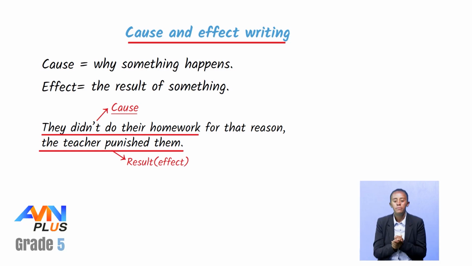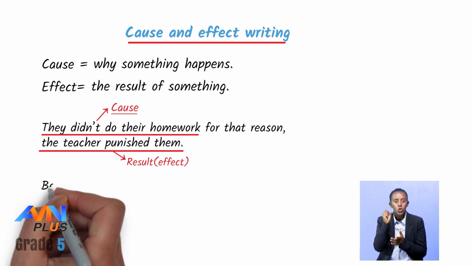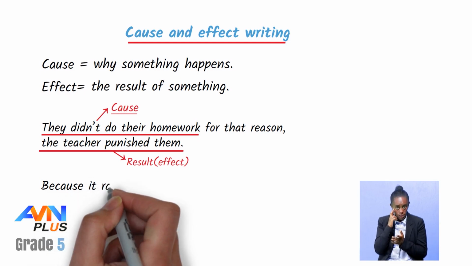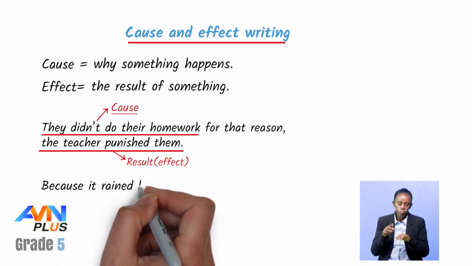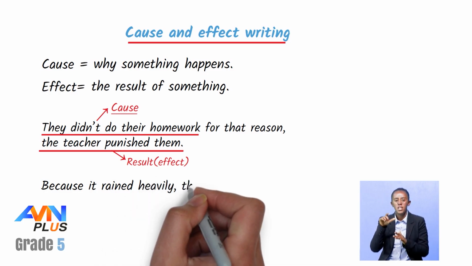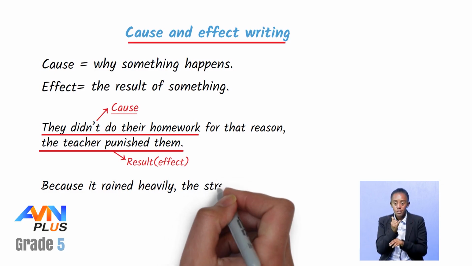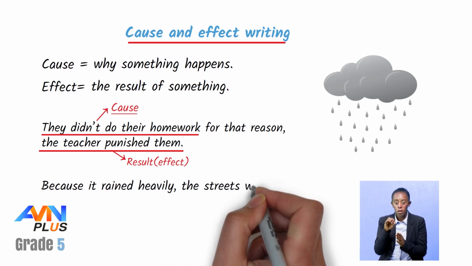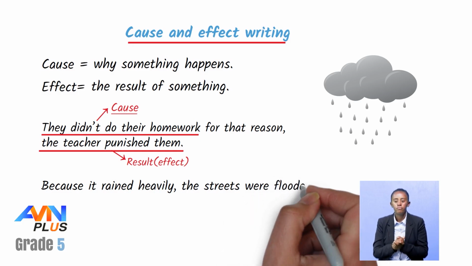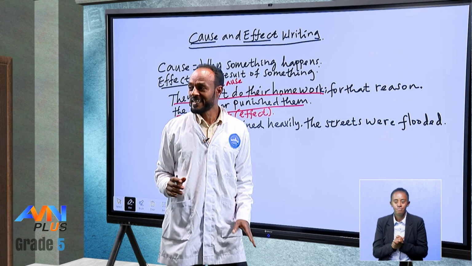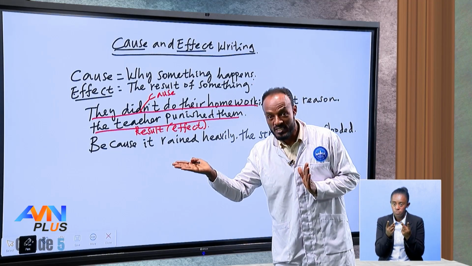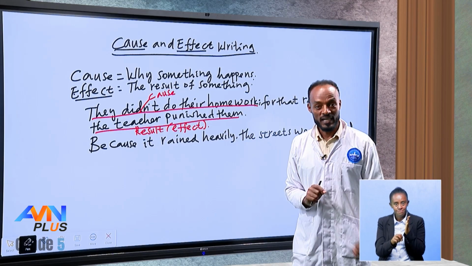Another example. Because it rained heavily, the streets were flooded. Look, in this sentence, we can get two things still. One is cause, another is what? The result.